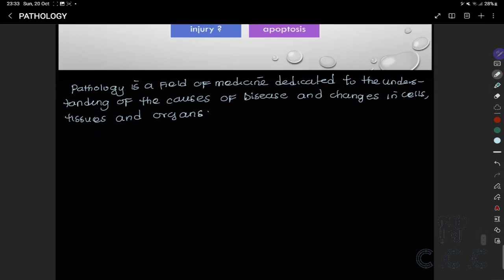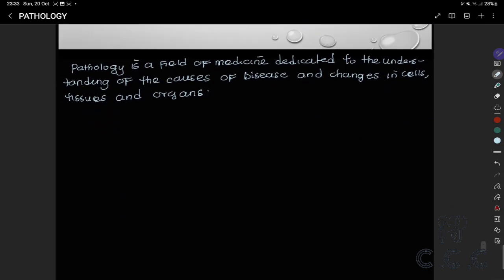So the field of pathology is very crucial for medical sciences, not just because we're going to know what is really causing this disease that this person is undergoing, but we're also going to understand genuinely how it is affecting the cellular makeup of a person.